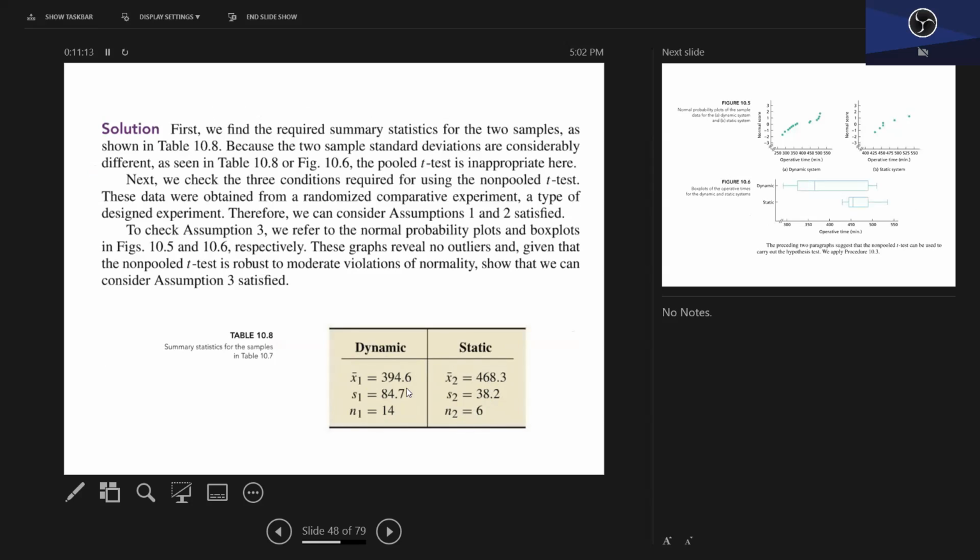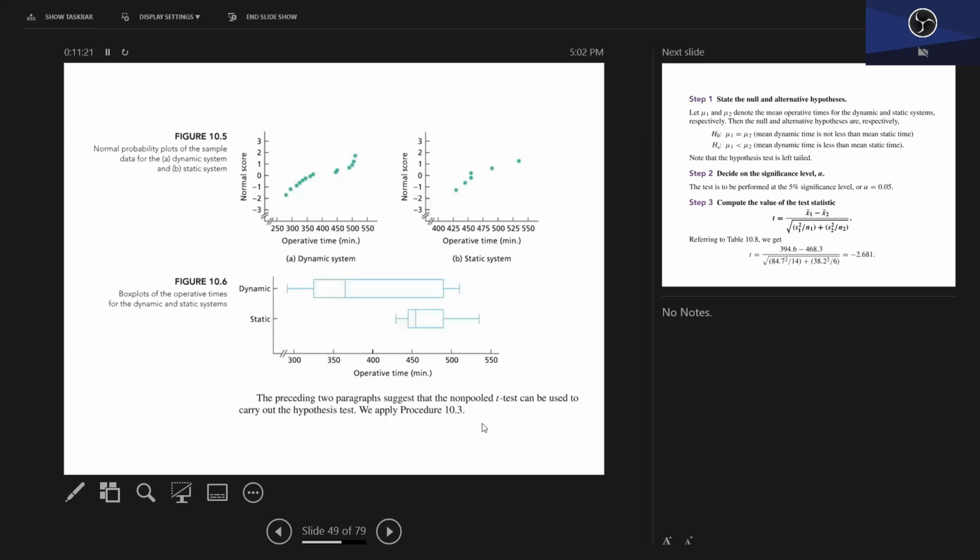I've written it down. Let me double check. Yes, this is what we've got. Before that, you might need to check normality according to QQ plots or box plots, and in our case, this is proof that we could use the non-pooled t-test.